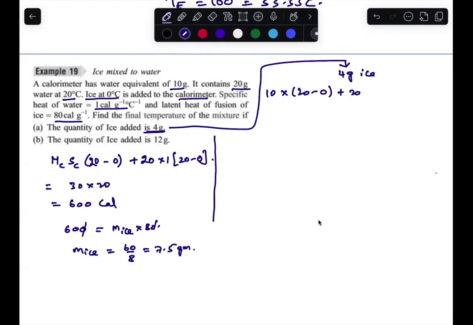One minute. You cannot directly take 0 degrees. We have confirmed 7.5 grams is required for the equilibrium temperature to be at 0.